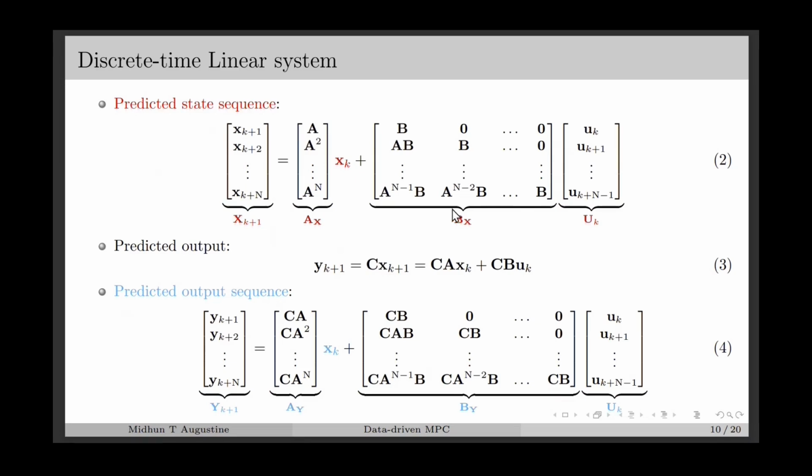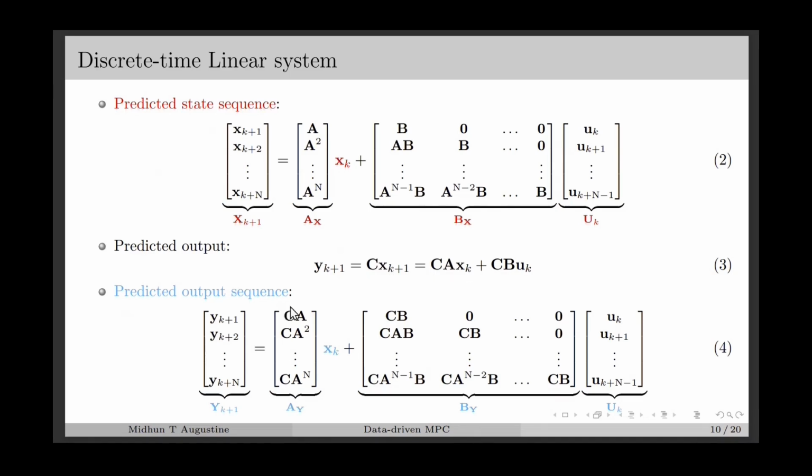This equation we can call the predicted state sequence equation, which plays a key role in state-based LMPC schemes. Similarly, we can have the predicted output equation as Y_{k+1} equal to C X_{k+1}, which equals C_a x_k plus C_b U_k.